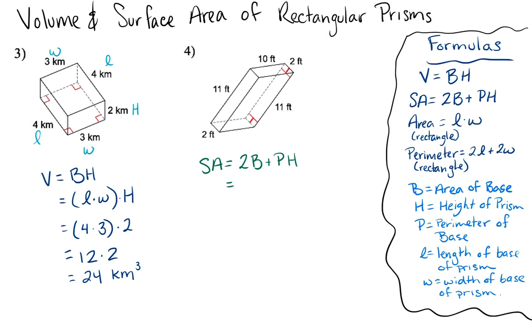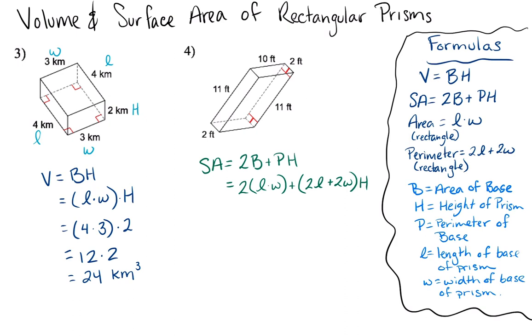We get 2 times the area of the rectangular base, which is going to be length times width, plus the perimeter. And from our formula list, the perimeter formula for a rectangle is going to be 2 times the length added to 2 times the width. And all of that is going to get multiplied by the height of the prism.